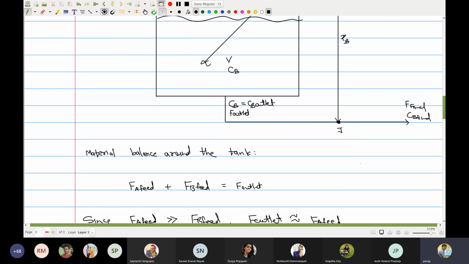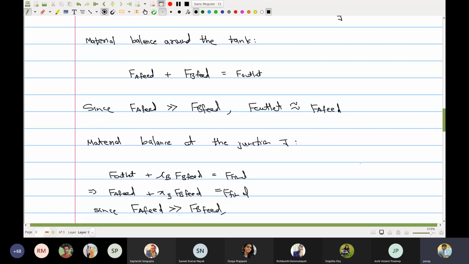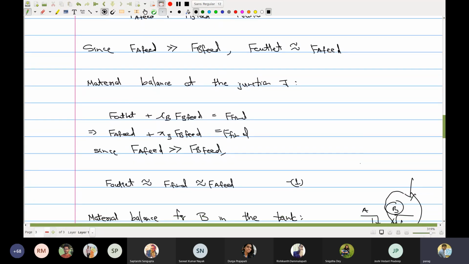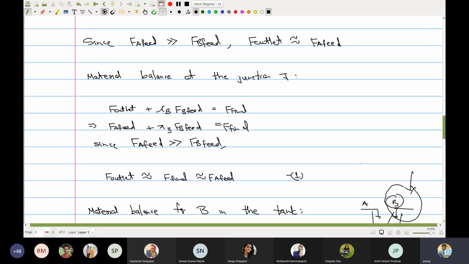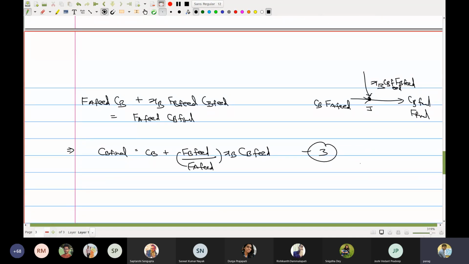Then we wrote an overall material balance, and from the condition we got that the outlet flow rate is very similar to the feed of A. Then we wrote the material balance for B coming into the tank minus B going out from the tank is equal to time rate of change of B. And at the junction, we again assume that the capacity of the junction is 0, so there is no d by dt term, so you get the final term, right?